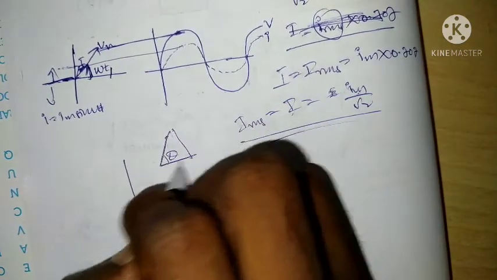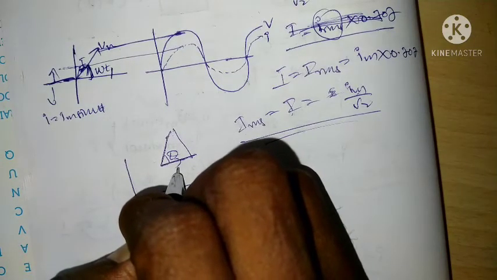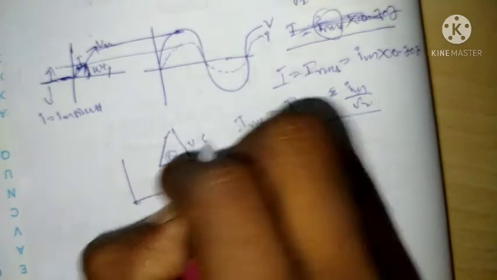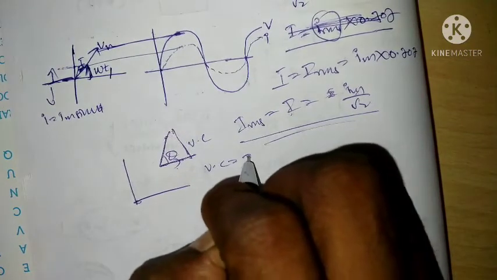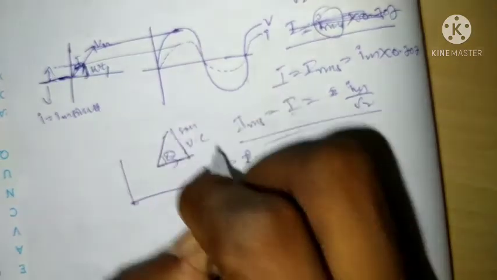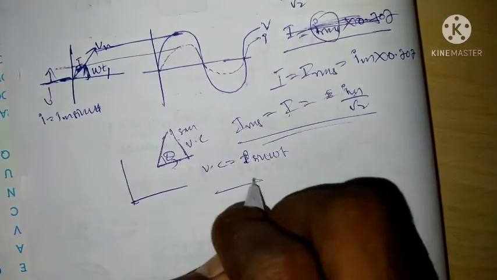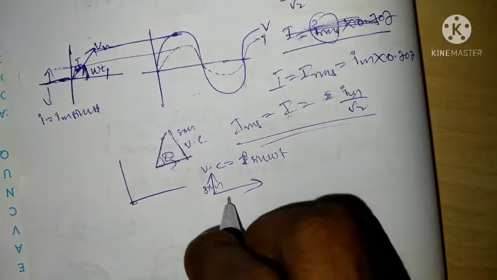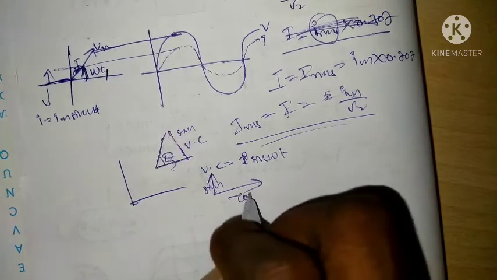That is theta, the vector component. The vector component is I sin omega t, which is vertical, and the horizontal is cos.